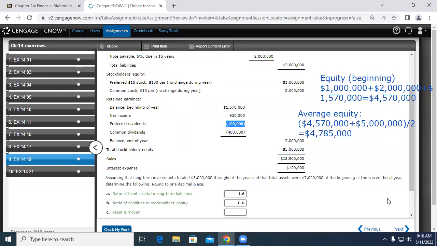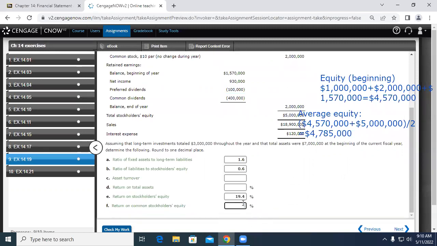So it's almost the same calculation that we just did, only we take the preferred dividends out of the numerator, so that leaves us $830,000, and we subtract the $1 million of preferred stock contributed capital, and so our average common stockholders' equity would be $3,785,000. It's almost the same.